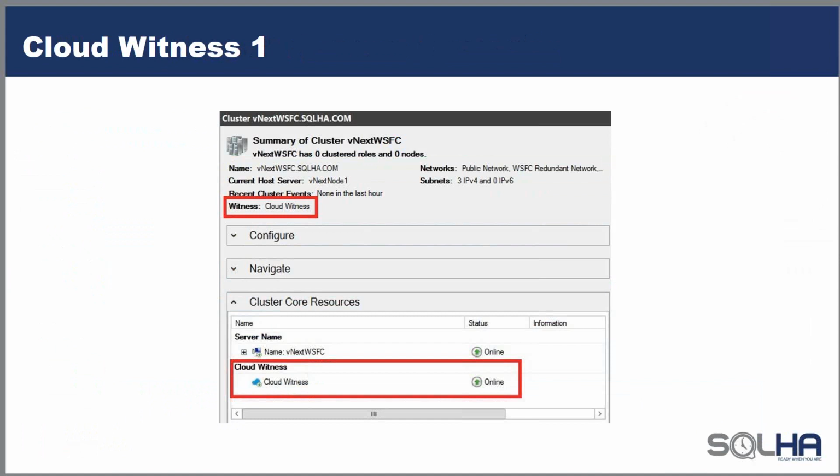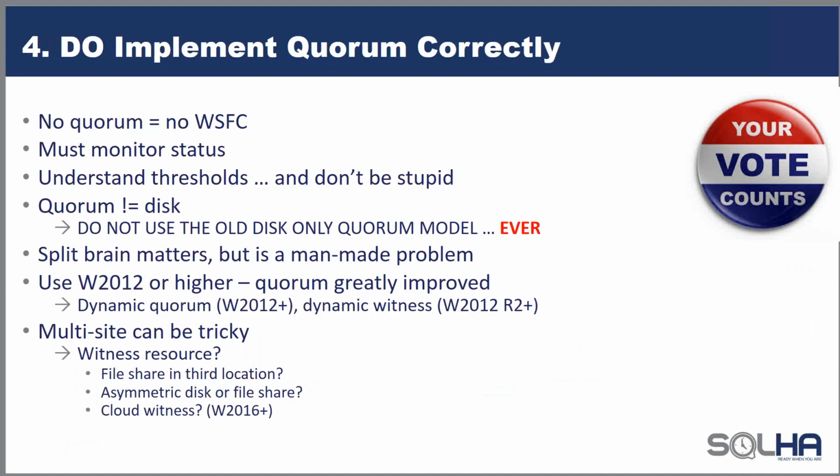Now, the problem is a lot of my customers, we tend to work with larger enterprise customers, and they don't always have internet connections from their nodes. They sometimes have these behind a firewall and don't allow internet connections. So the witness resource: do you or do you not configure it, and what are you going to use, disk, file share, or potentially cloud if you're using Windows 2016 or later.